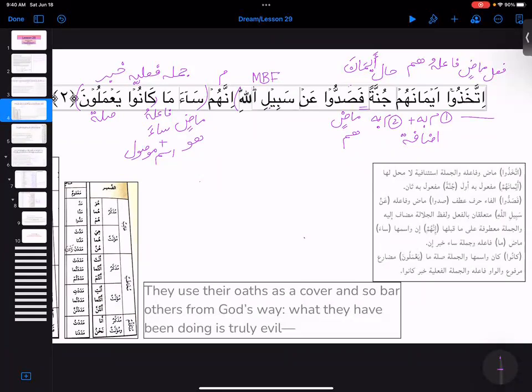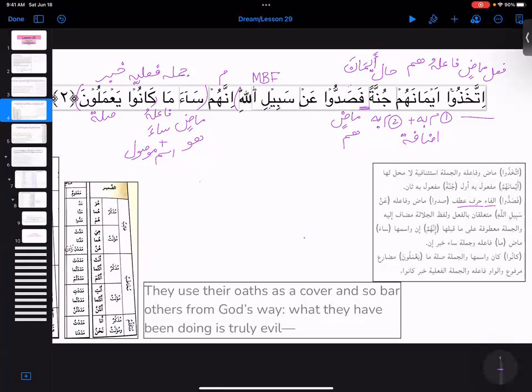Since they were not taking a truthful oath, fasaddu, so as a result, basically why they were taking oath was just to fit in with the Muslims, but actually they were stopping themselves and others from the path of Allah subhanahu wa ta'ala, right? So this fa is basically giving the reasoning. Fa is ataf over here, we can just take it as a connector as well. So fasaddu is a connector over here.